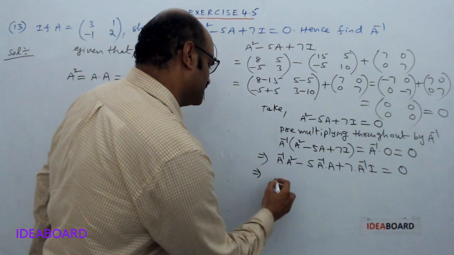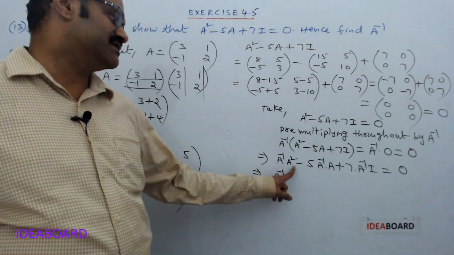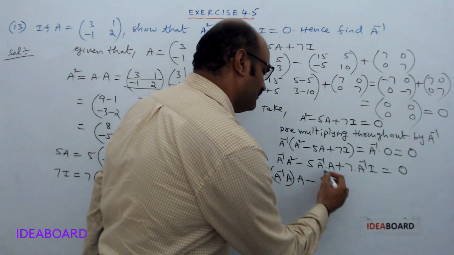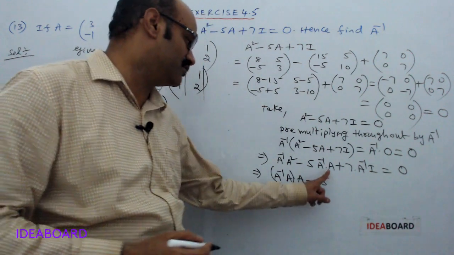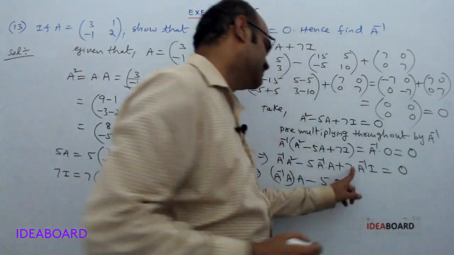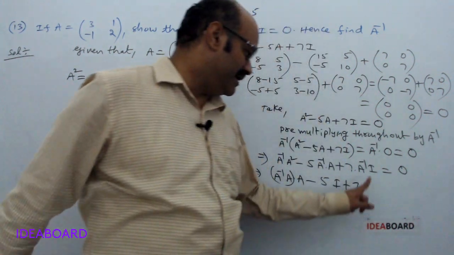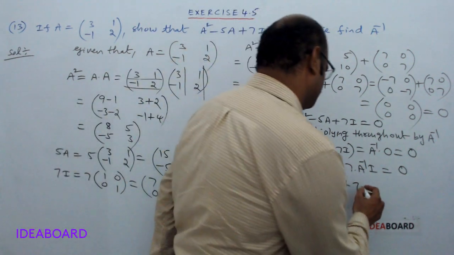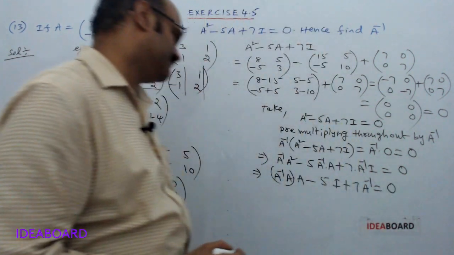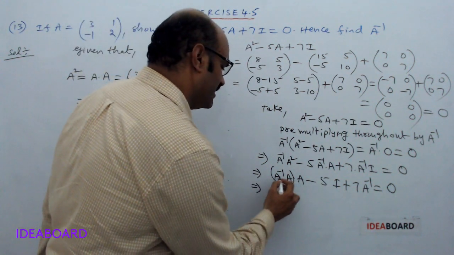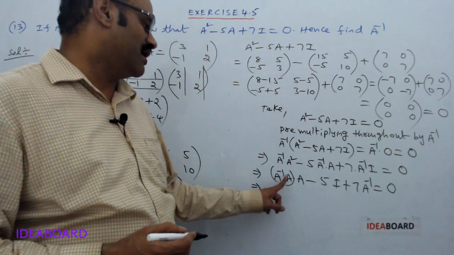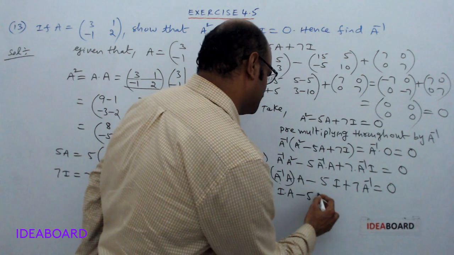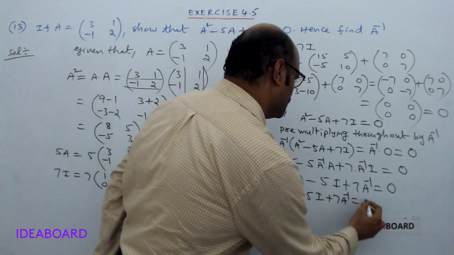A inverse into A square means A inverse A into A. A inverse into A is always equal to I. A inverse into identity matrix is always equal to A inverse. It implies we have A inverse into A equal to I into A. So IA minus 5I plus 7 A inverse equal to null matrix.